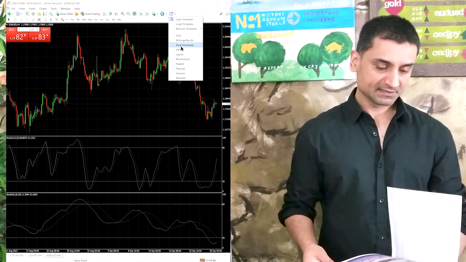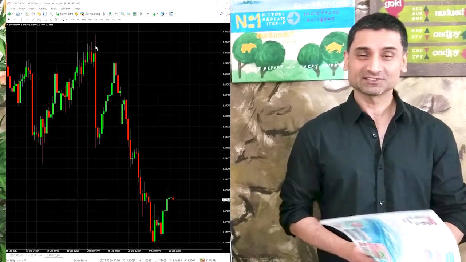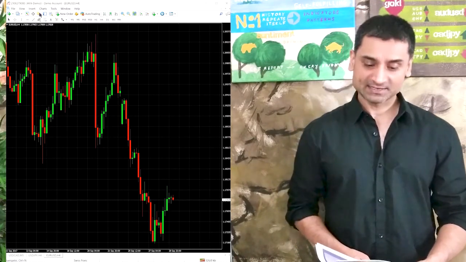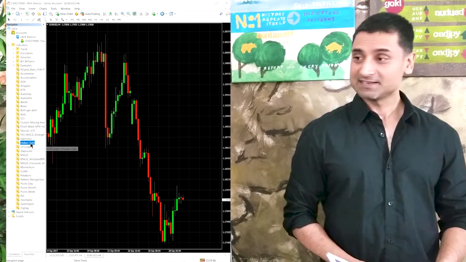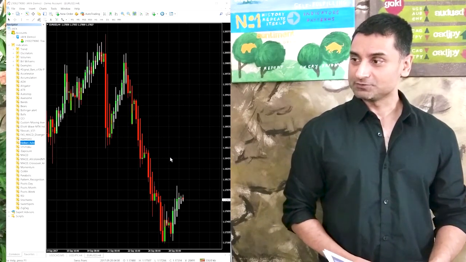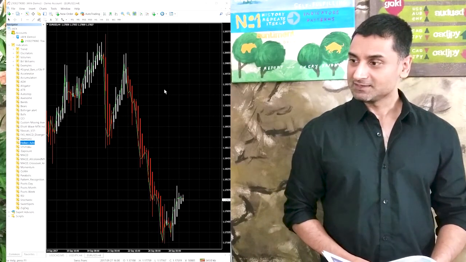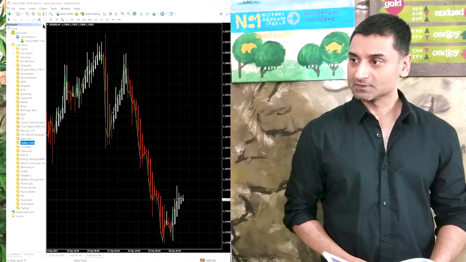Now we're going to look at the second strategy, which is called brain has rest. The reason it's called that is because it has to do with big round numbers, Heikin Ashi, and support and resistance. To apply the Heikin Ashi, we just add it to the chart by double clicking, and it looks like these red and white lines.